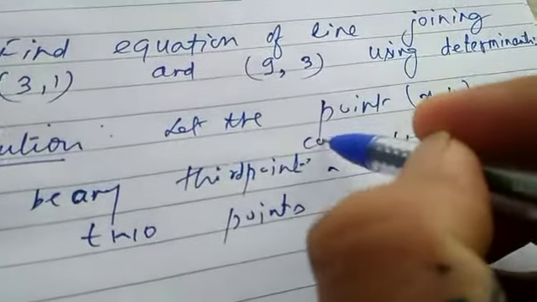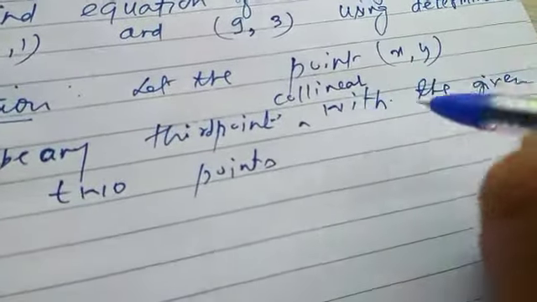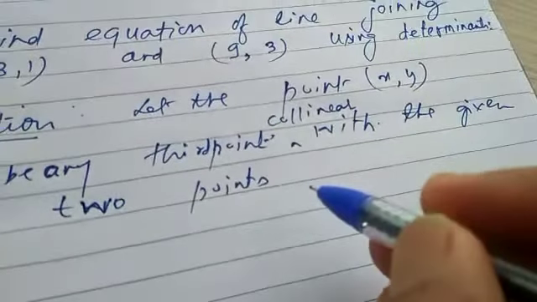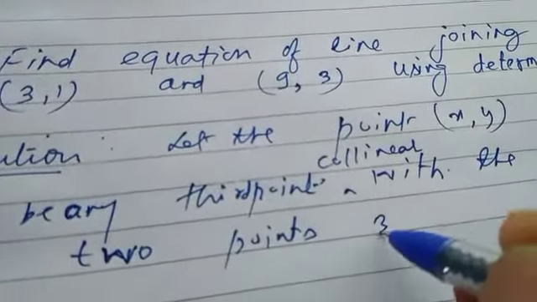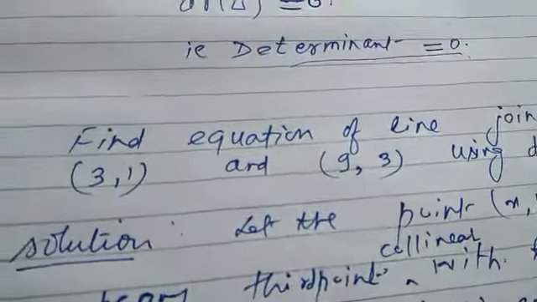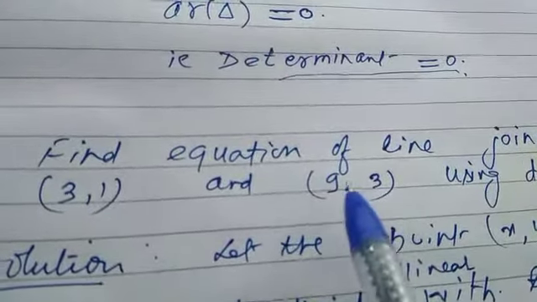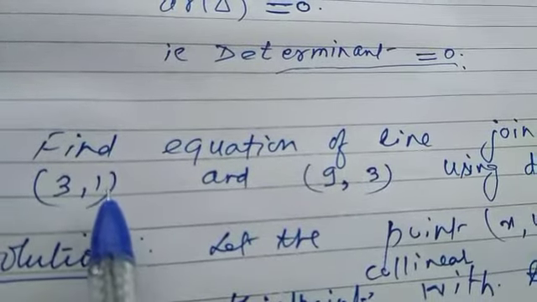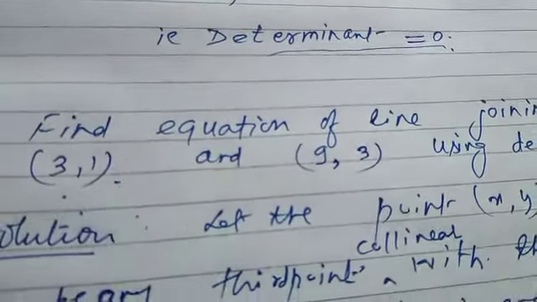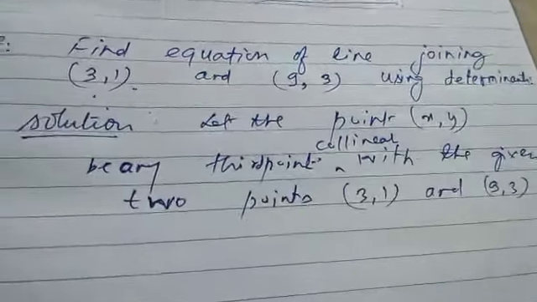The third point is collinear, we should add this word, collinear with the given 2 points. What are these points? 3, 1 and 9, 3. Some students directly say that the first coordinate is 3 times the second coordinate, so x should be equal to 3y. Well and good, it's their intelligence.